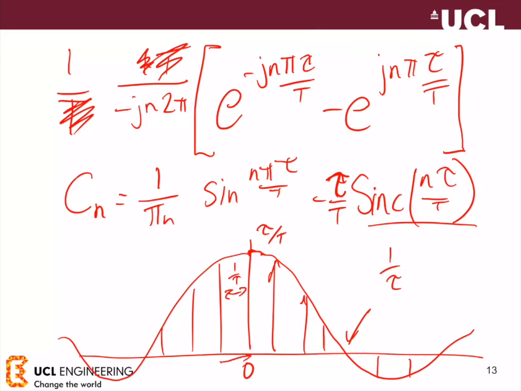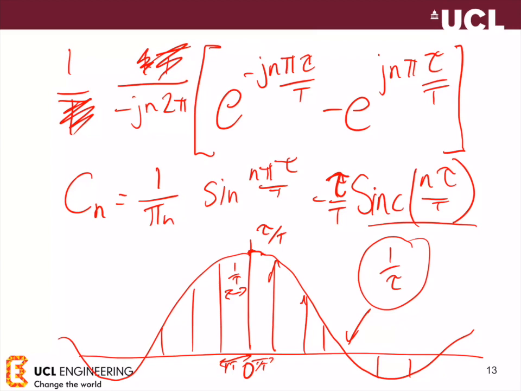So we always have a value of 1 on T between our lines, but our sinc shape is now determined by this 1 on tau. So this shows us an important thing about how changing the width of our pulse actually changes our Fourier series.